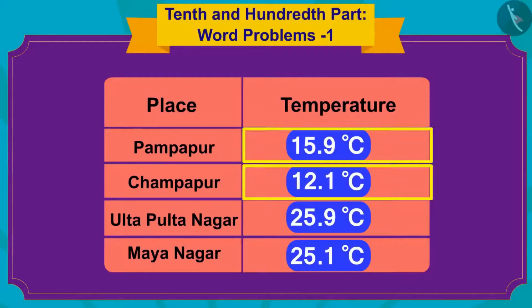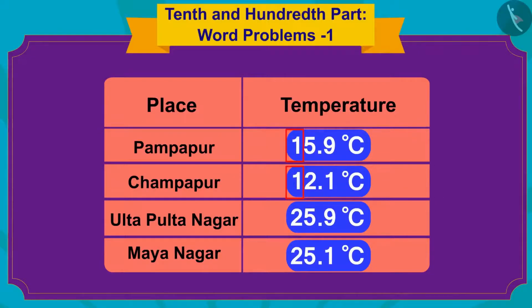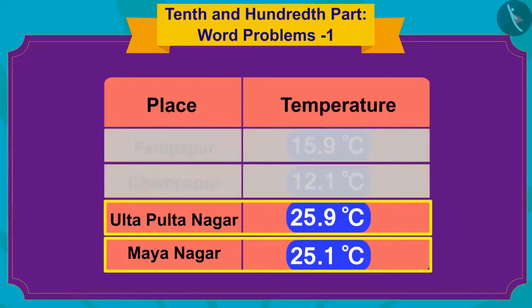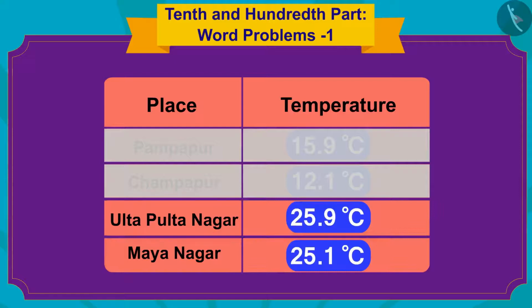The temperatures of Champapur and Pampapur have 1 in the tens place, and those for Ulta Pulta Nagar and Maya Nagar have 2 in the tens place. Since 1 is lesser than 2, we will now only compare the numbers in the units places of Ulta Pulta Nagar and Maya Nagar to find the place with the highest temperature.